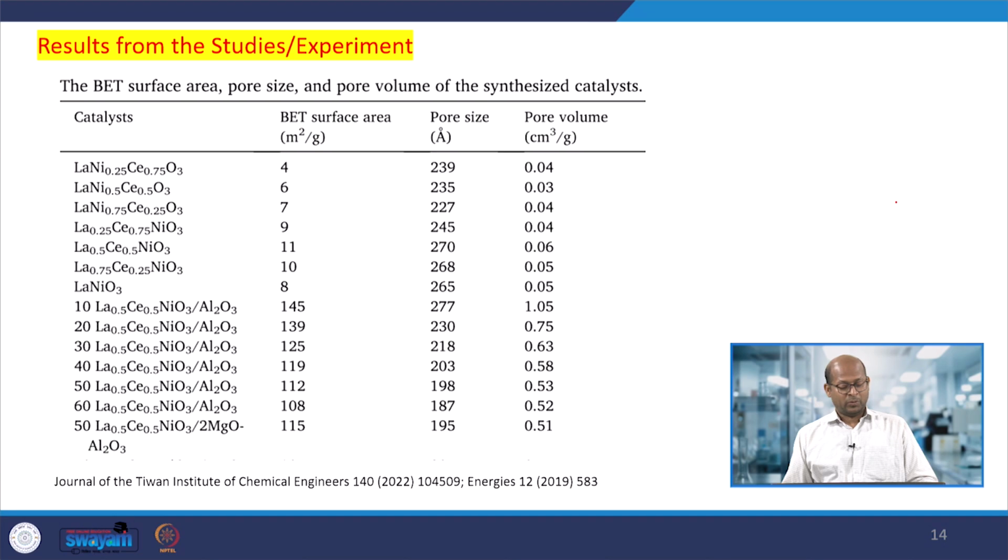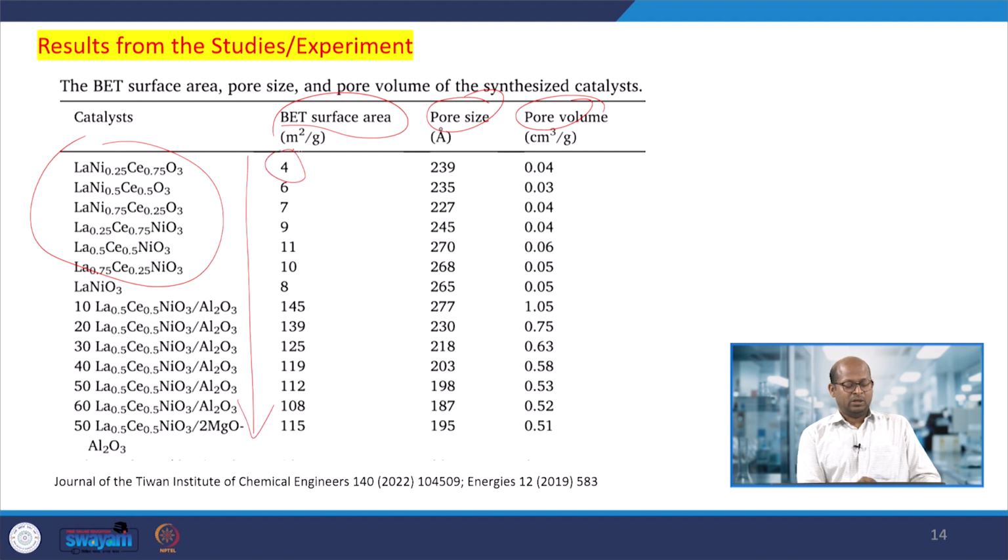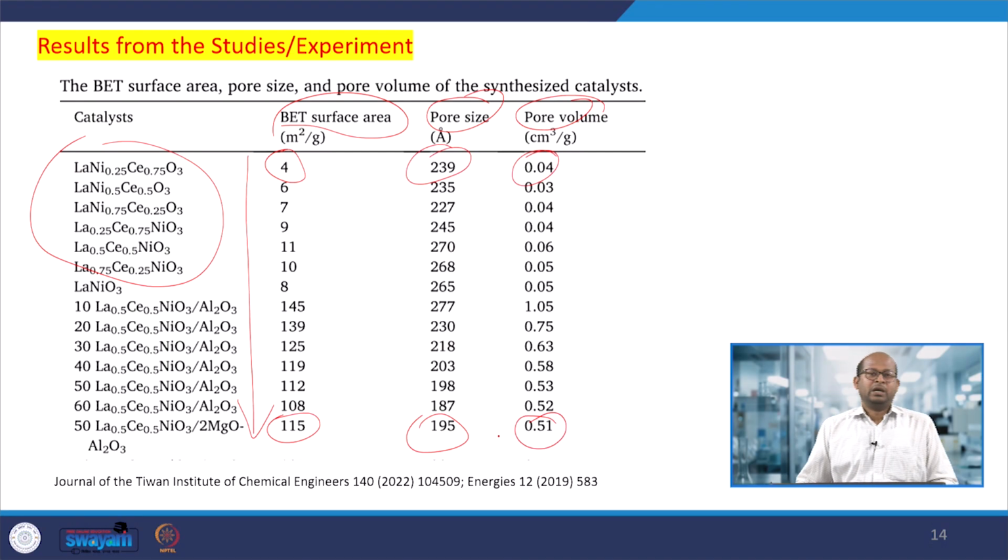Okay. So here there are many applications, I said. These methods we can use to find out the specific surface area, pore size and pore volume. Depending upon the material, the surface areas are different. From one material to another, the specific surface area or BET surface area is different. Pore volume also depends upon the nature of the material, and pore size and pore volume would also be different.